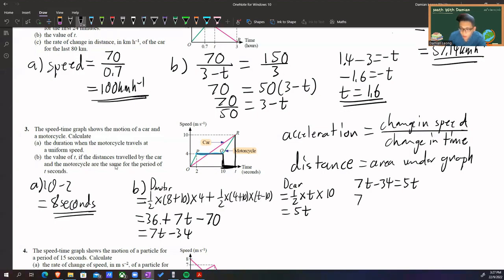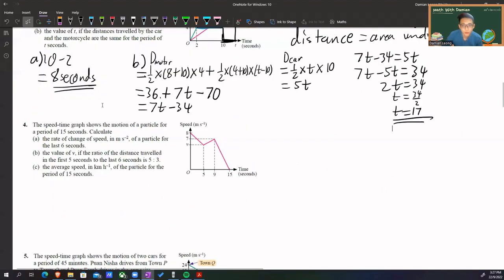Okay, bring over the 5t, positive become minus, bring over 34, negative become positive. 2t is 34 times 2, opposite divide 2, which is 70. So the t value is 70. Yeah, that's for question 3 here.